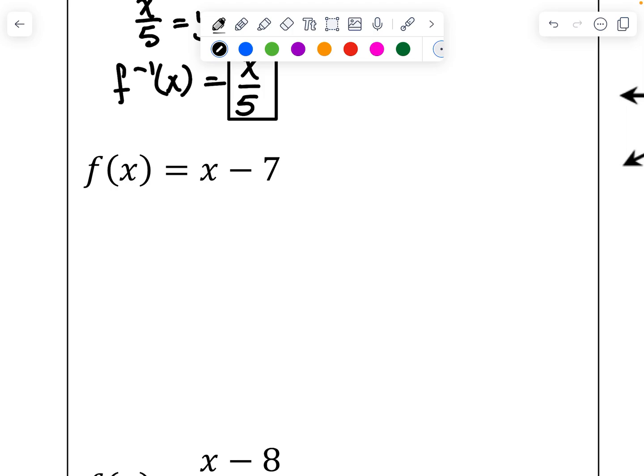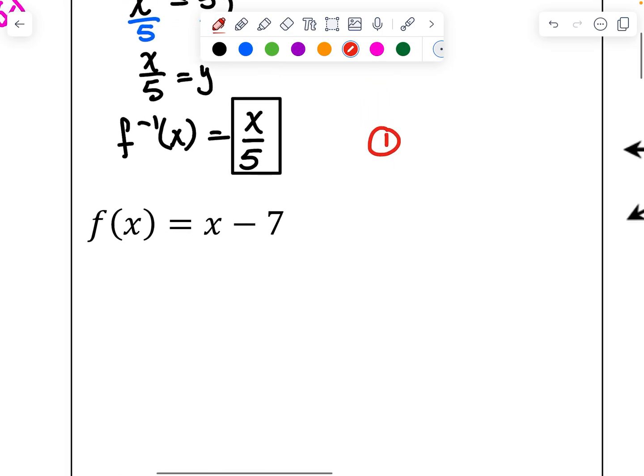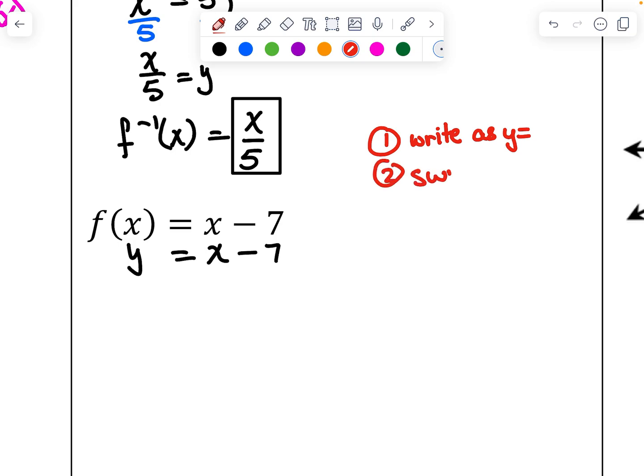So step one is to write it as y equals, because no one likes f of x. So we're going to write this as y equals x minus 7. Then step 2 is to switch x and y.